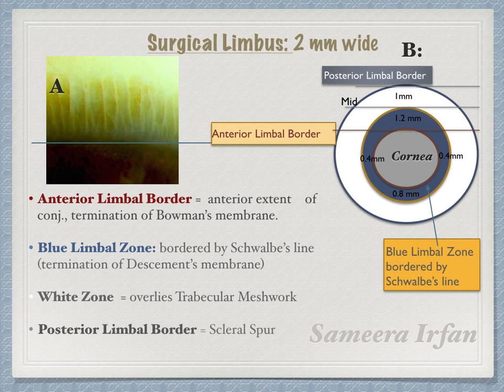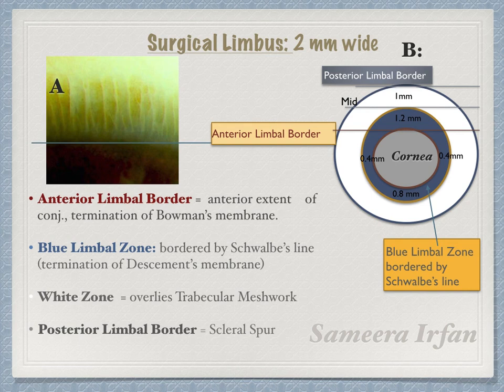Then the posterior limbal border is visible as a sharp line of demarcation between the bluish limbal stroma and the white sclera. It is overlying the scleral spur, and this forms the posterior boundary of the surgical limbus. Therefore, remembering these surgical landmarks is very important.